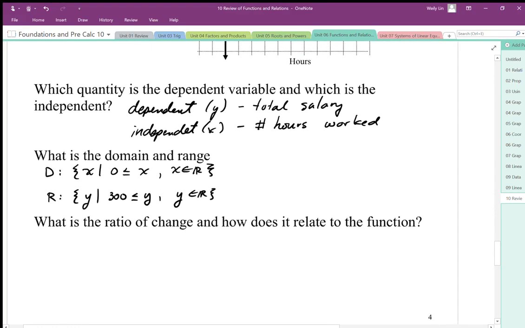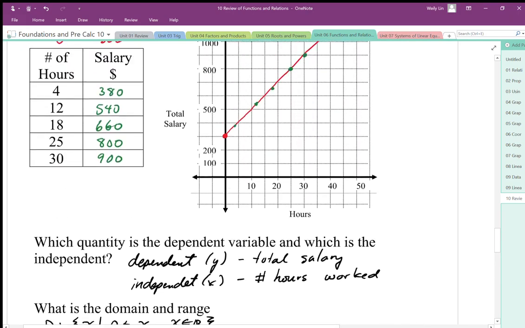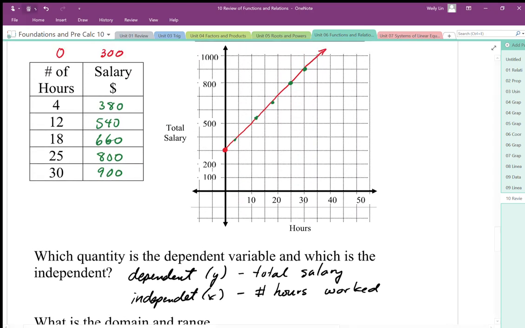What is the ratio of change and how does it relate to the function? Well, the ratio of change, remember, we're going to find on the outside. Okay, so plus 8 hours, plus $160. Okay, plus 6 hours was plus $120.